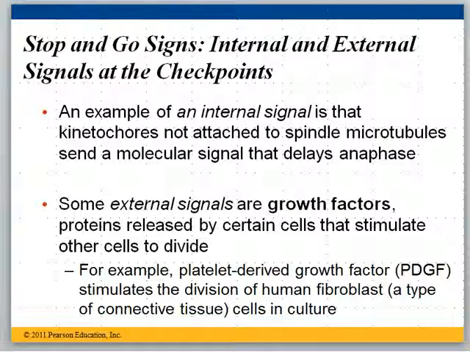Because if they did go ahead and pull apart, you may have one or two of the sister chromatid pairs that are not firmly attached to the microtubules, and then you would end up with one of the new daughter cells completely missing that chromosome, and the other new daughter cell having two copies of that chromosome, because they weren't all lined up and properly connected. So that's a good example of an internal signal. Anaphase gets suspended or delayed if that signal gets sent out.